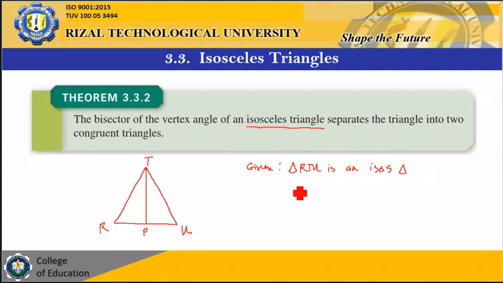And that segment TP, okay, bisects angle RTU. Okay, and let's show the triangle RTP is congruent to triangle UTP. Okay?